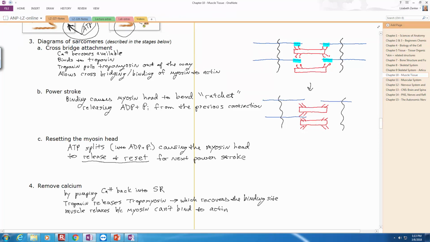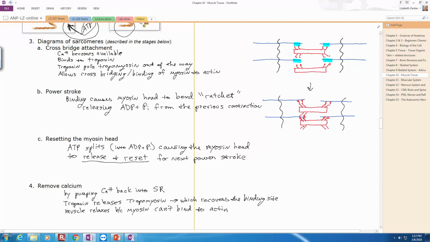When we have calcium present, okay, then tropomyosin got pulled out of the way, so I'm not going to put the teal stuff on there anymore. The myosin heads can now attach to the actin, right?